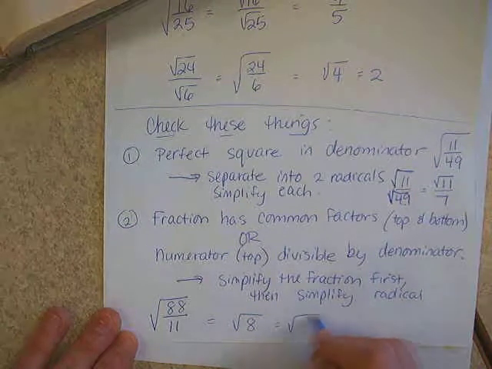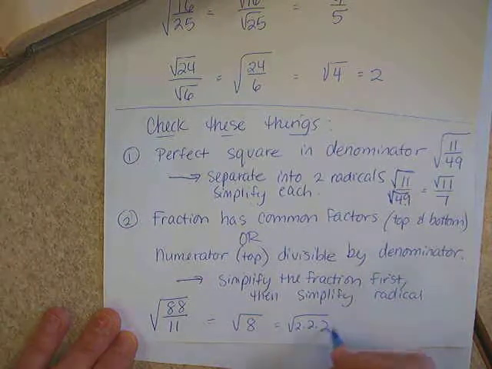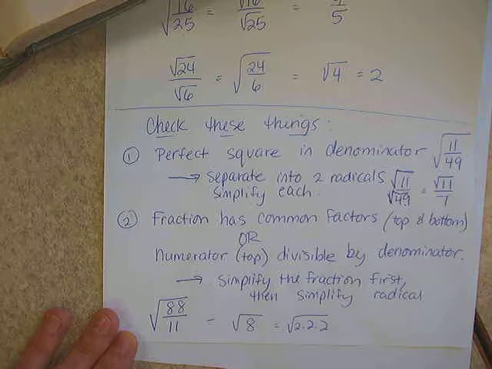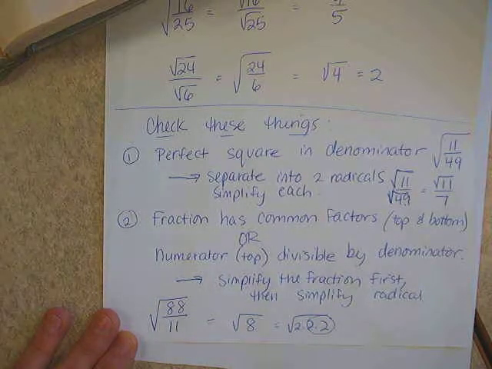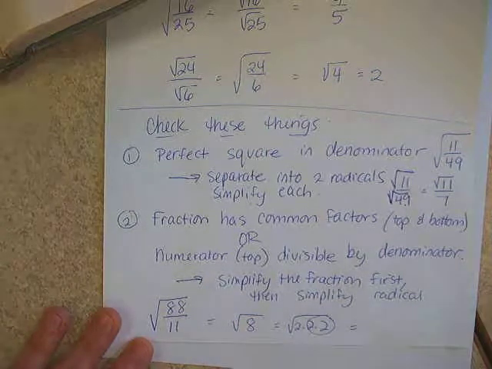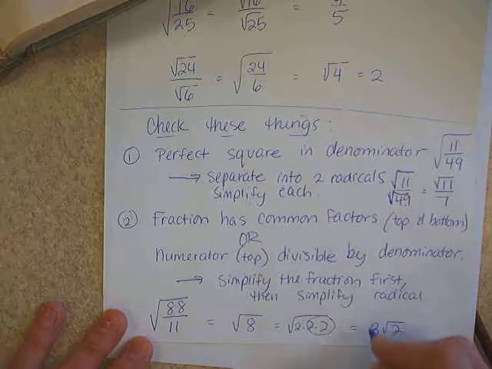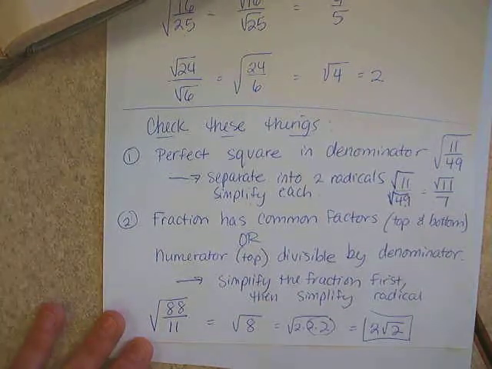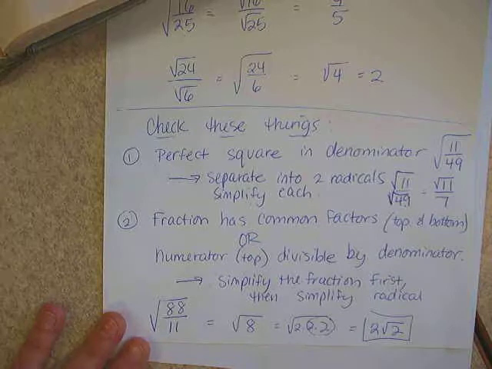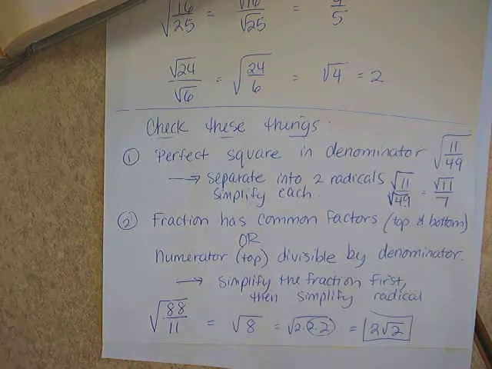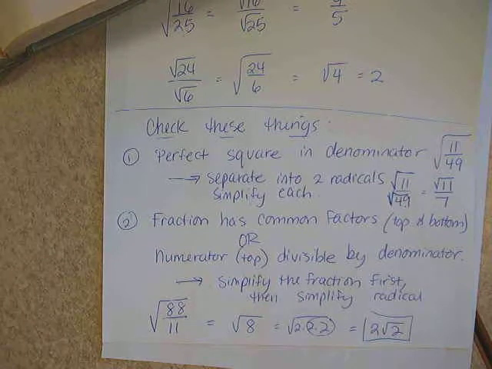You do still have to make sure that your radicals are simplified. So we know that 8 is 2 times 2 times 2, or you could do a factor tree to figure that out. So the pair of 2's should come out of there. So my final simplified answer would be 2 radical 2.